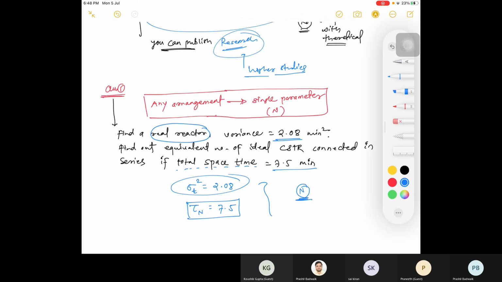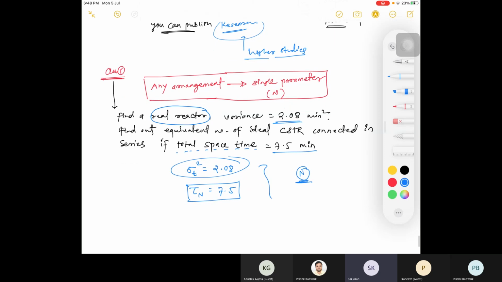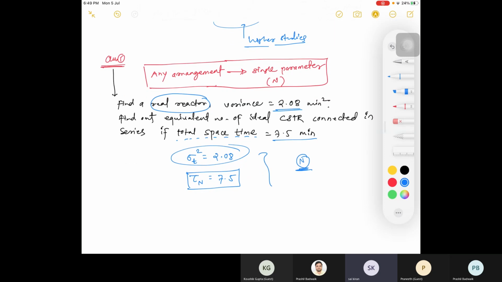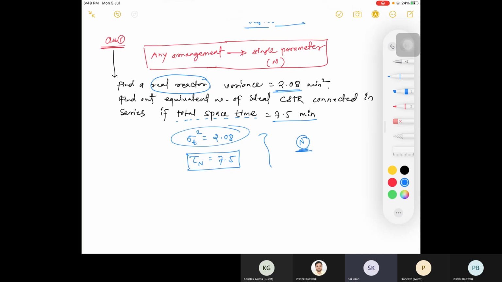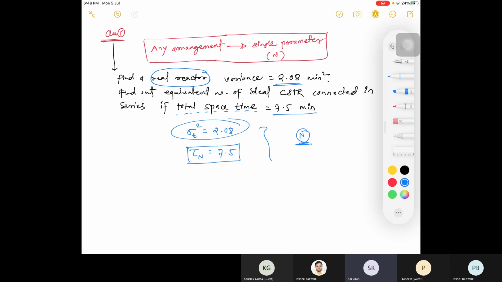Now, using this, how can you make it equivalent to n number of tanks? 2.08 divided by 7.5 whole square. So what is the formula for that? Sigma theta square equals sigma t square divided by tau n square, for the system.